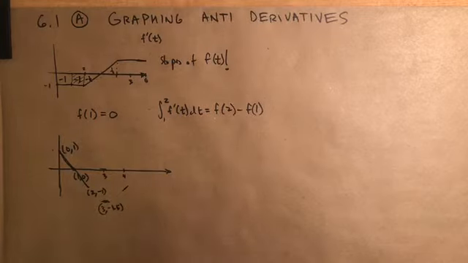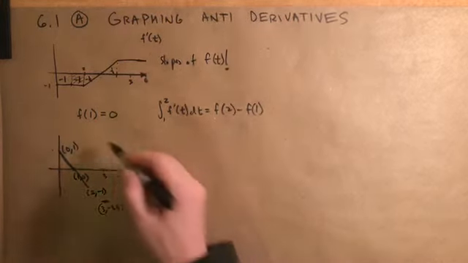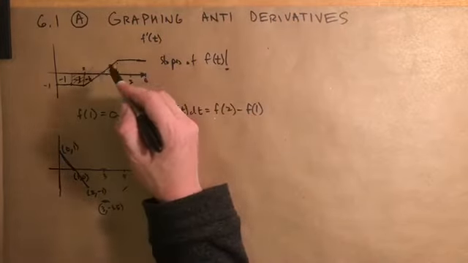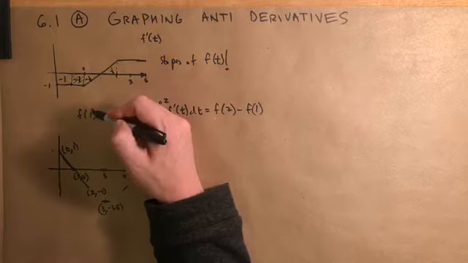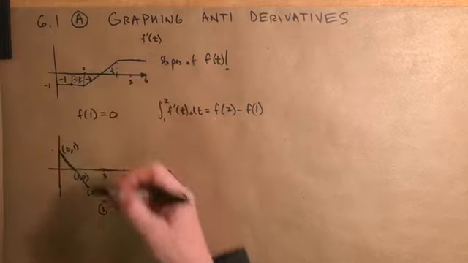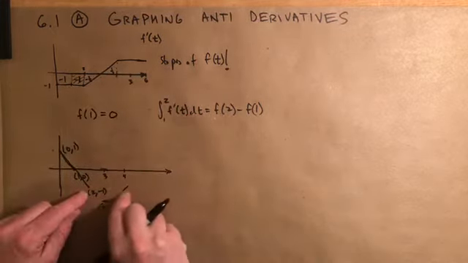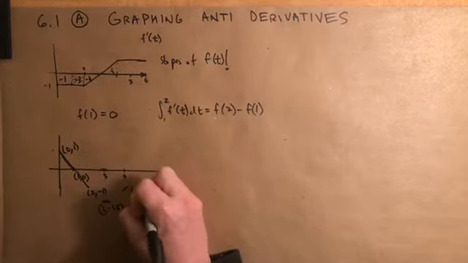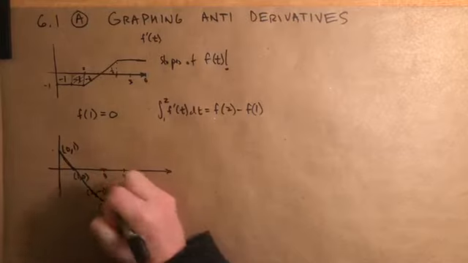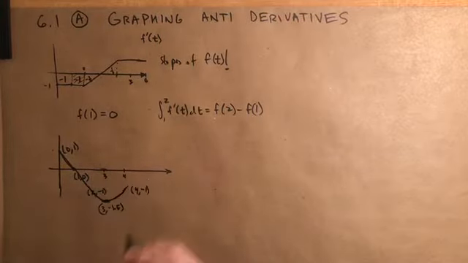Now, let's think of one last idea, that this is a linear function. What did I have to take the derivative of to get a linear? And that was a quadratic. So the antiderivative of a linear is going to be a quadratic. So I'm going to connect these 3 points, and that's going to be 4, -1 with a quadratic function.